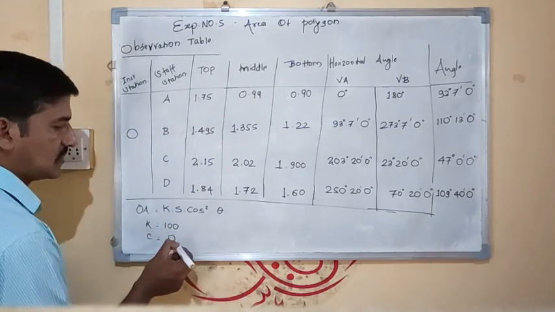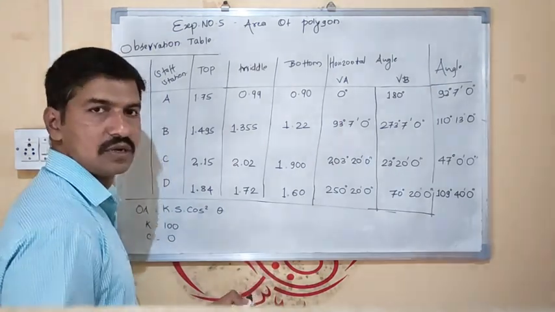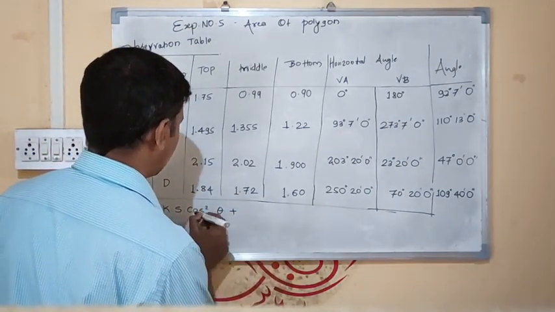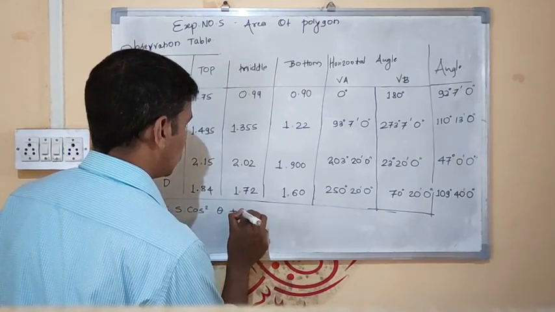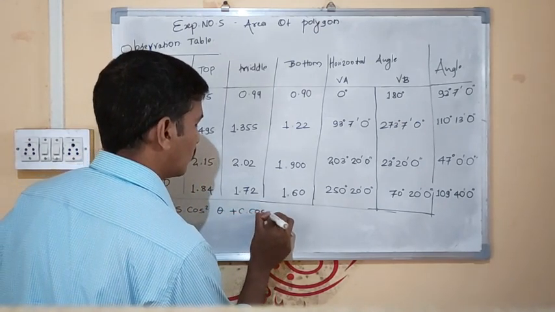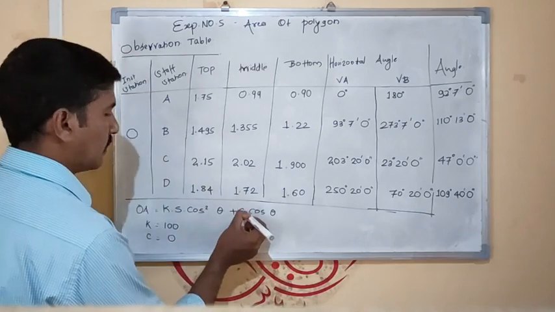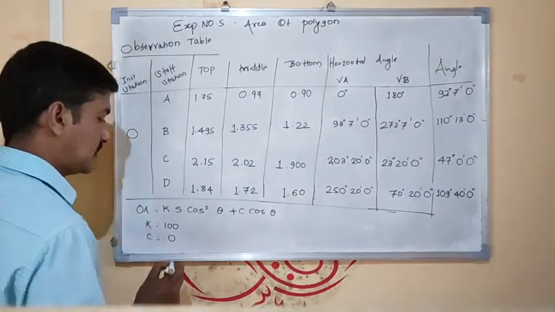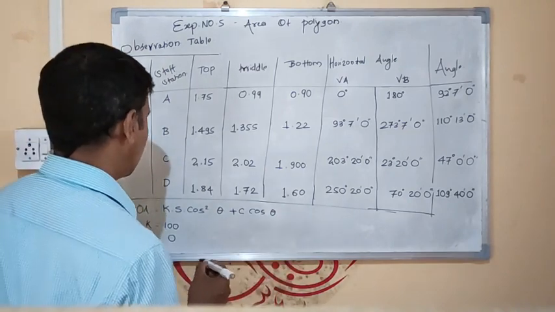As C is 0, I have not considered it, but you can write K S cos square theta plus C cos theta. This is the whole formula. In this formula, if we substitute C as 0, the remaining term becomes 0.